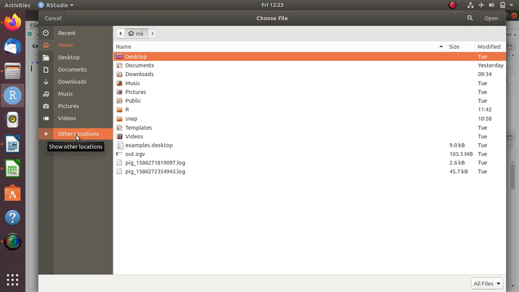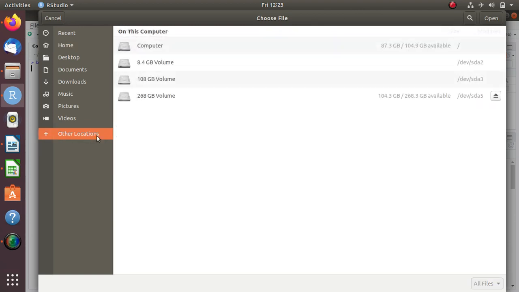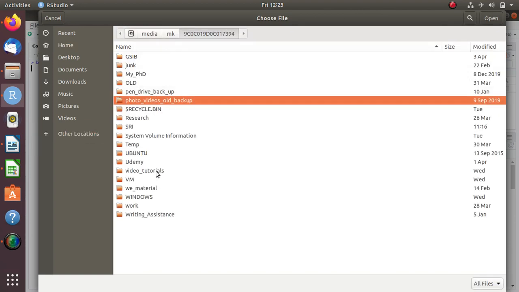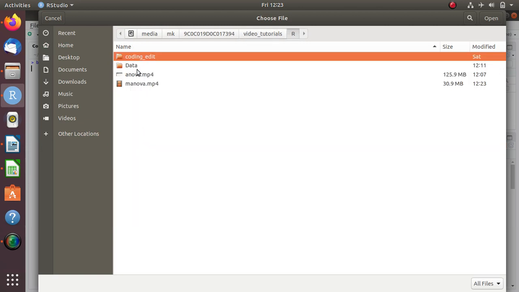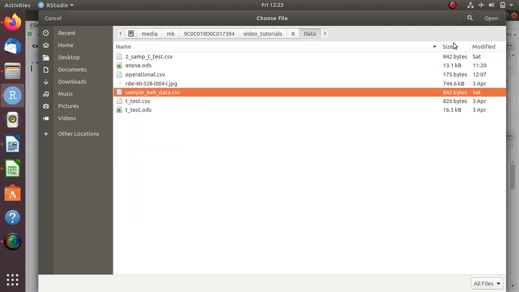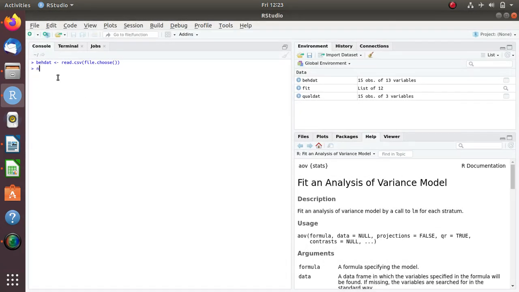In Linux we used to call it Nautilus; I think now it is the X window system. You get a window to open your data sets. Where do we have it? I think this one is the data. Let's see if this is the data or not. Now names, behavioral data.